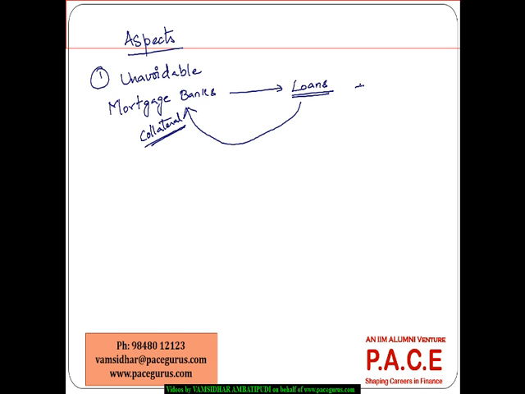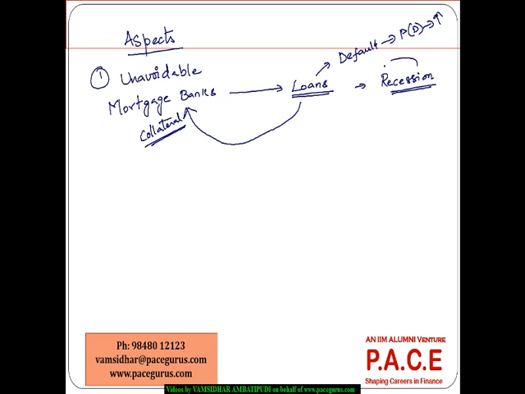Now assume a situation where there is a recession in the market. What could happen? When a recession occurs, default on the loan is going to go higher, which means the probability of default is becoming higher. People lose their jobs, so they will default on paying their loans.